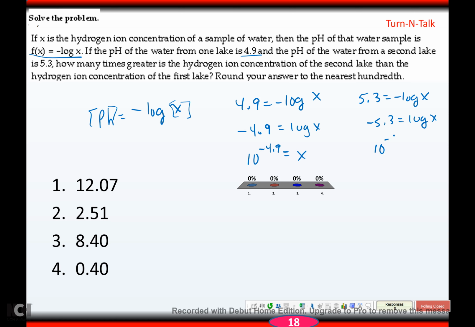Roll the log, so 10 to the negative 5.3 equals X. And to figure out how many times greater the hydrogen ion concentration of the second lake is than the first lake, to compare them, you put 10 to the negative 4.9 over 10 to the negative 5.3, and that's going to give me 10 to the negative 4.9 minus a negative 5.3, which turns positive.